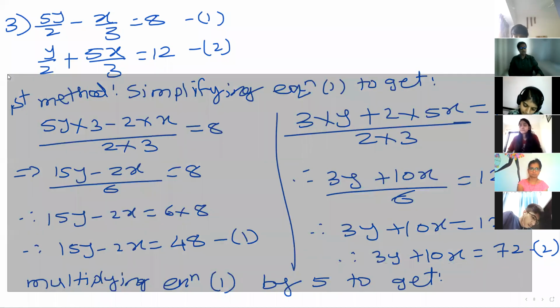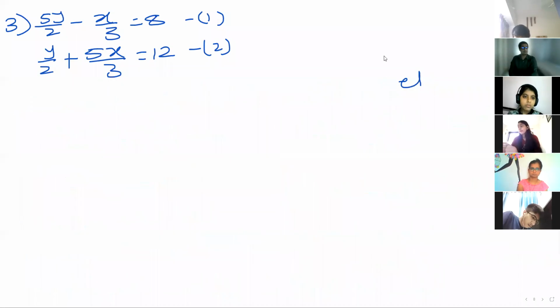I'll show you another method of doing this. Okay, please see here carefully. Can I write like this first of all? 5 upon 2. Yeah, okay.